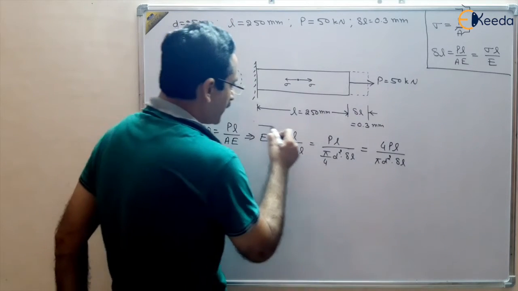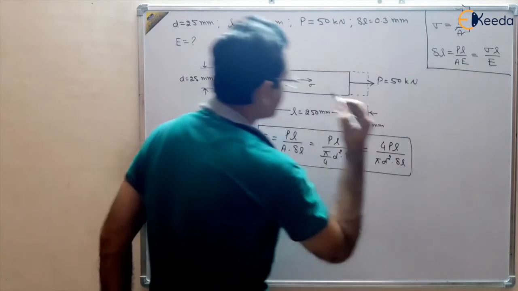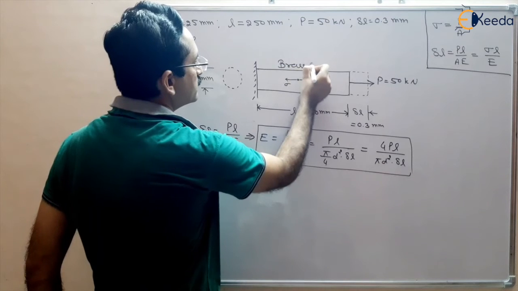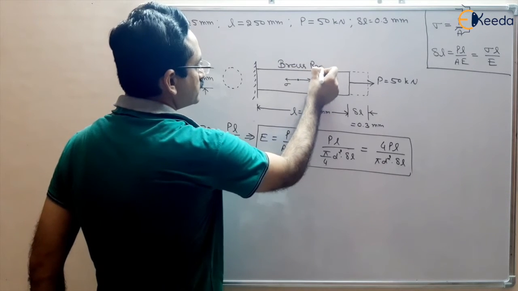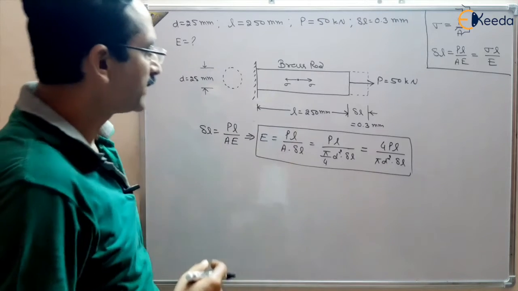By this we can find out the modulus of elasticity of this material, brass. This is a brass rod. Right? So put the values and get the value of E.